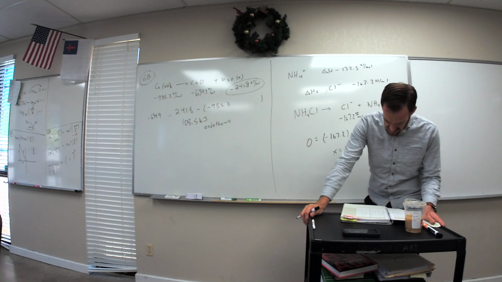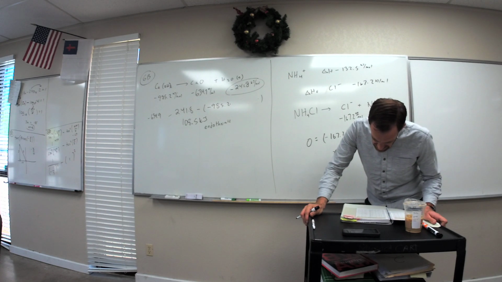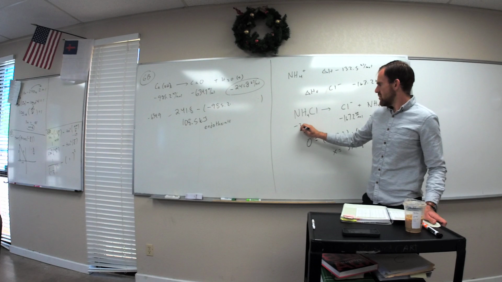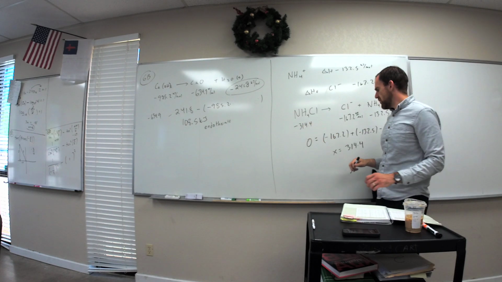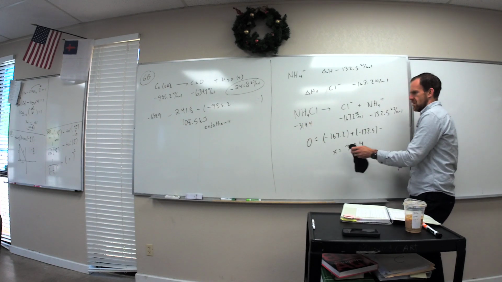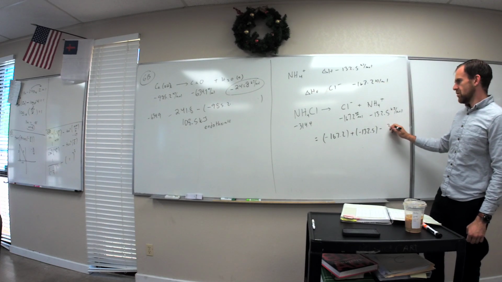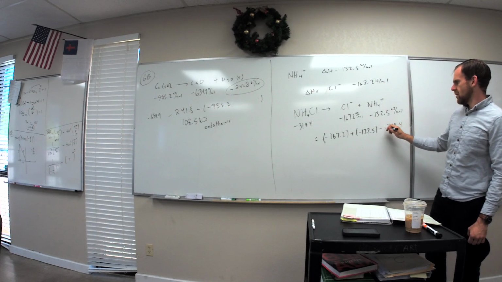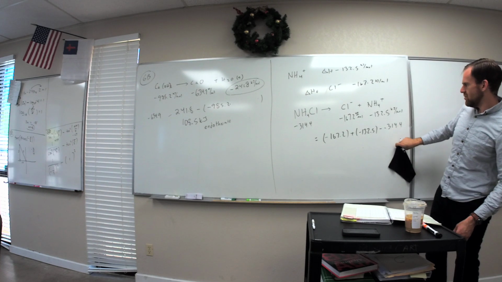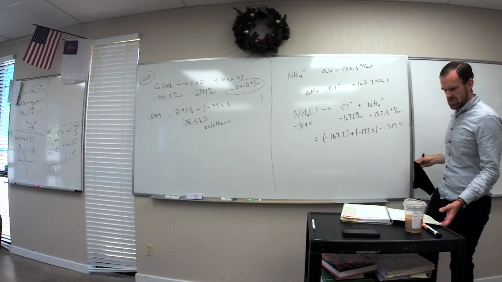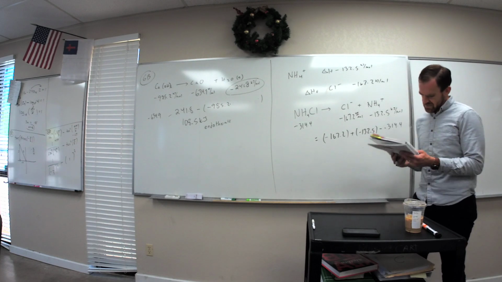NH4Cl. We have a negative 314.4. So if you want the solution, you've got your 314.4, and that should give you something. What is that going to give you?